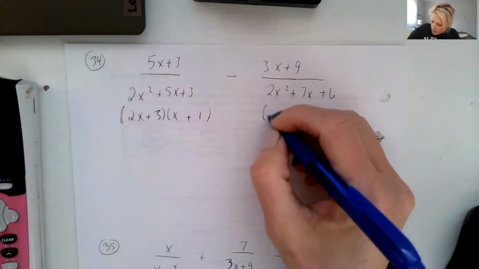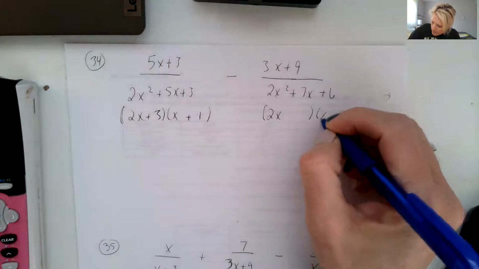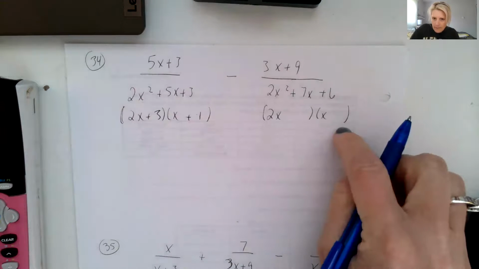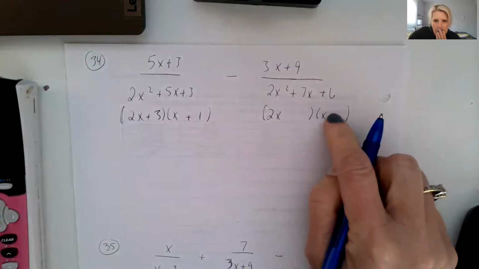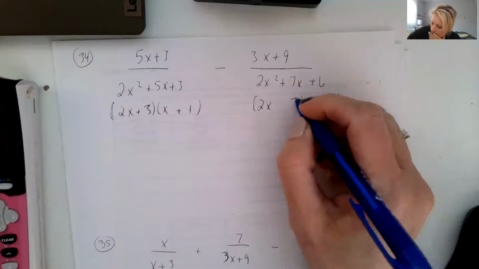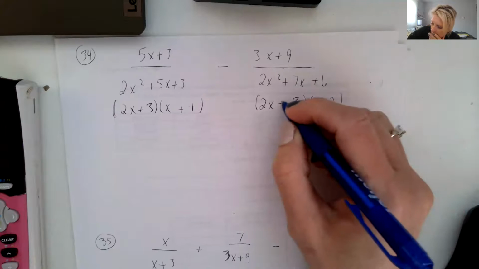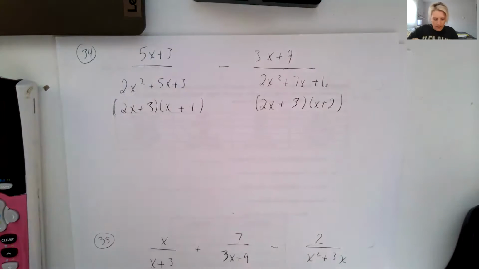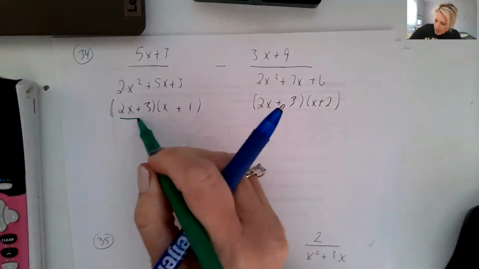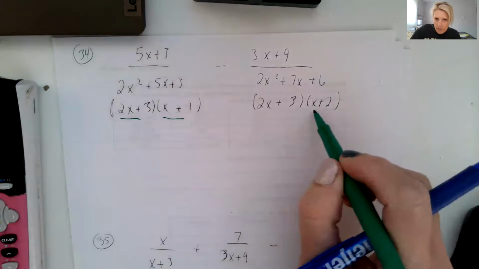And then this one is going to be a 2x and x, and a 3 and a 2 here will be 3 and 4 would be 7. Okay. So it looks like they have 2x plus 3 in common, and then x plus 1 and x plus 2.